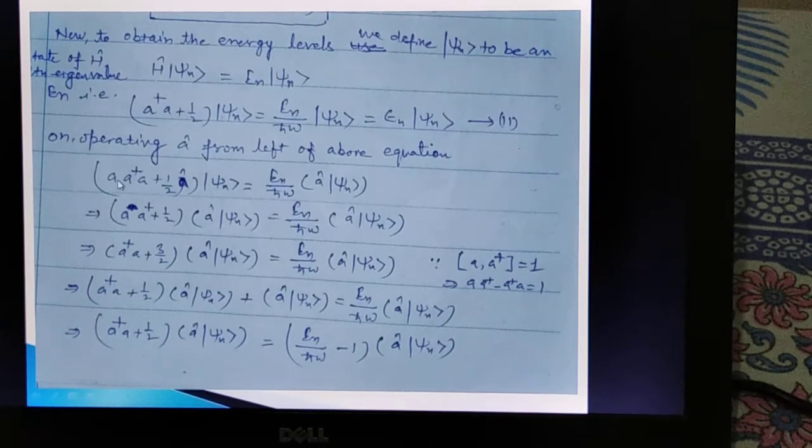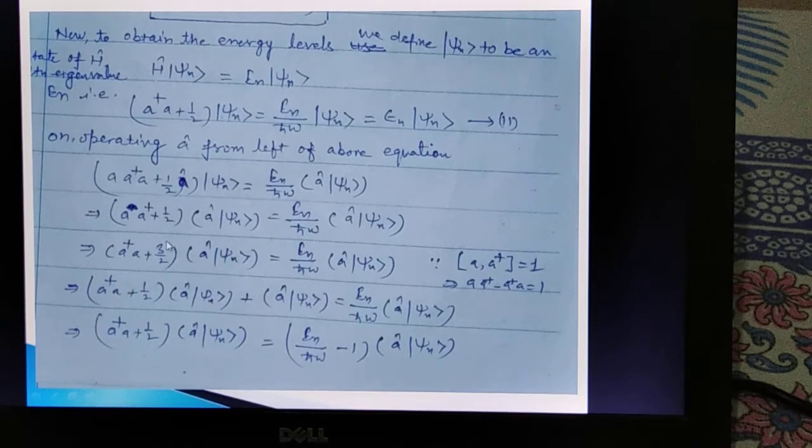And you can write it as (A dagger A plus half) A psi n equal to En over h cross omega into A psi n. And if you write A A dagger equal to A dagger A plus 1, then this term becomes (A dagger A plus 3 by 2) A psi n equal to En over h cross omega A psi n.